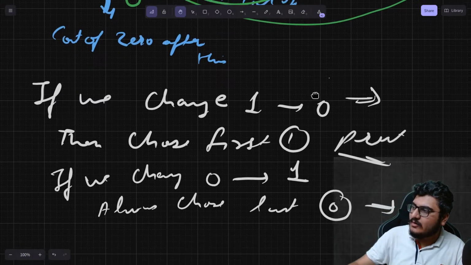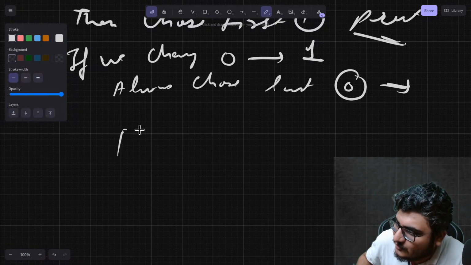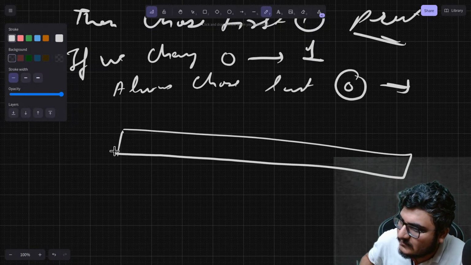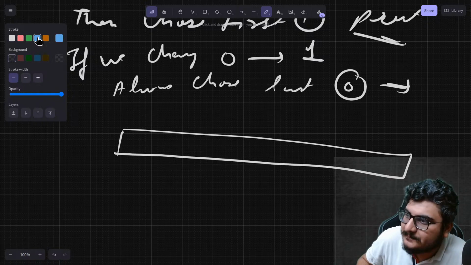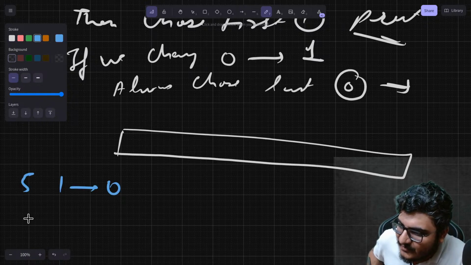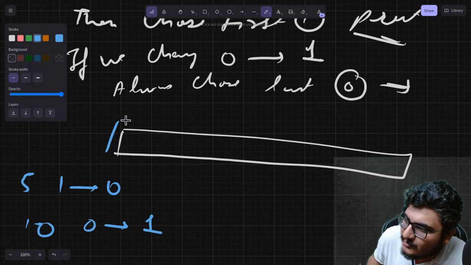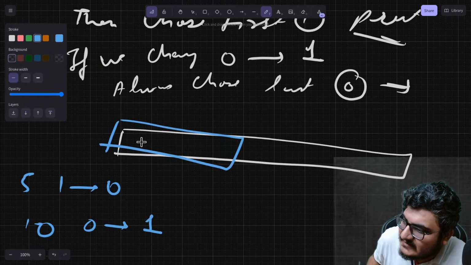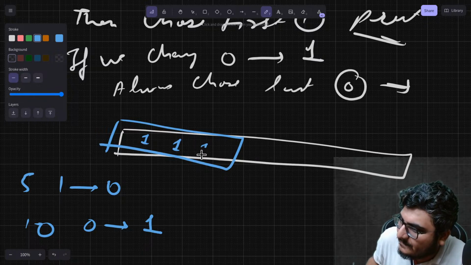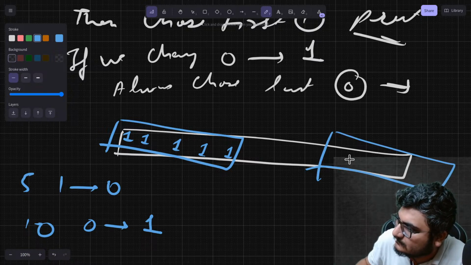So we have made 2 observations. We have some sequence given to us. Let's say for 5 times we have changed 1 to 0, and for 10 times we have changed 0 to 1. Based on our previous observation, we know that we should remove the first 5 ones, let's say 5 ones are here, and we should also remove the last 10 zeros, nothing else.